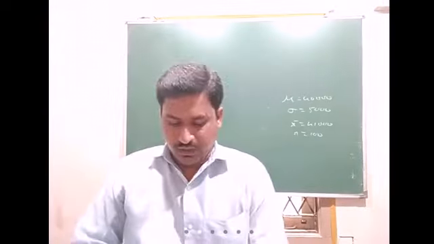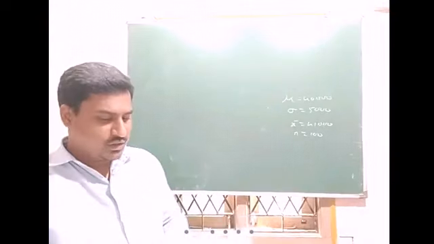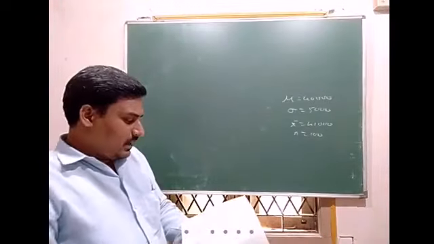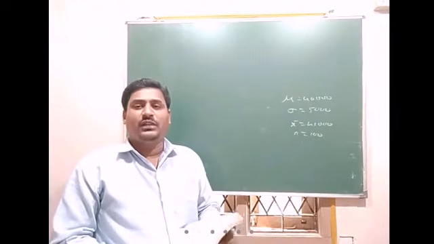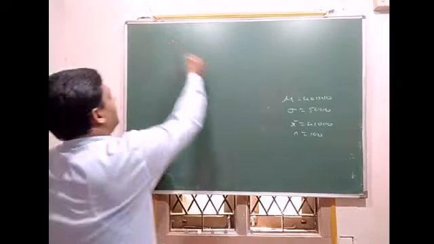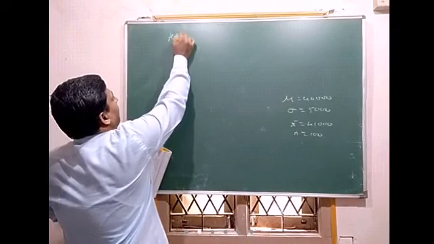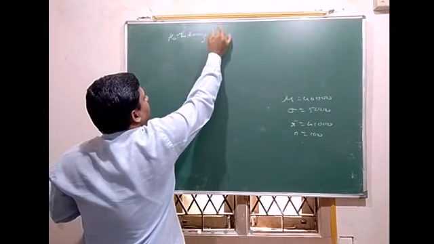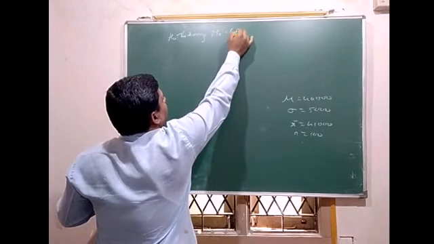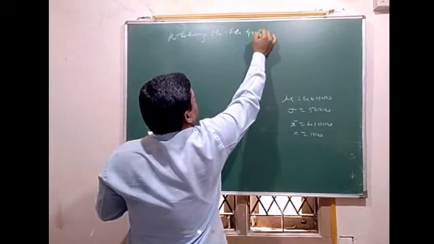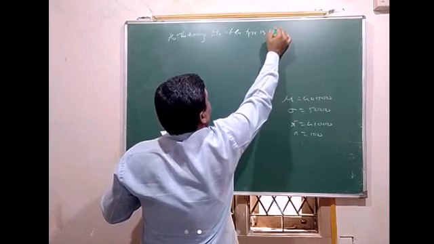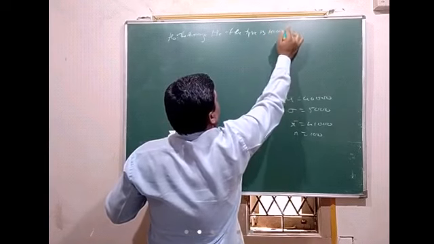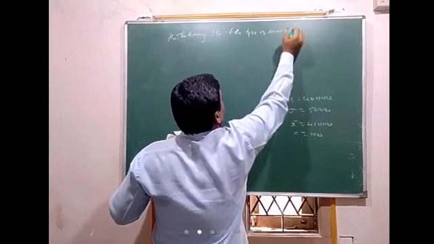Okay, so sixth problem. H0: the mean life, average life of the tire is 40,000 kilometers.